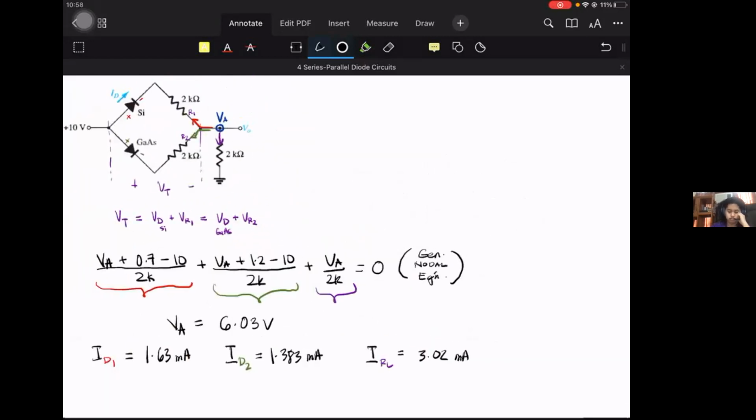Taas siya, but once makuha na to ang correct na general nodal equation, we're good to go. Any questions?